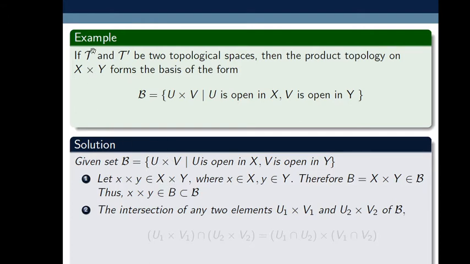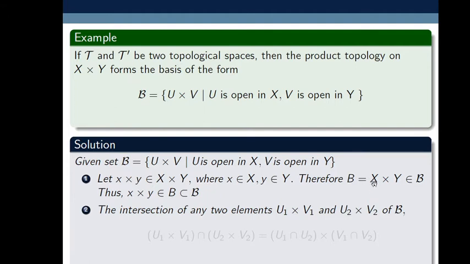So X is open in tau, Y is open in tau dash, so the Cartesian product of X, Y is also an open set. So here X is a member of tau, Y is a member of tau dash, that's why B equals X times Y. This is a product of open sets, where X is open in X, Y is open in Y. As this is a Cartesian product of two open sets, that's why it belongs to our set script B.